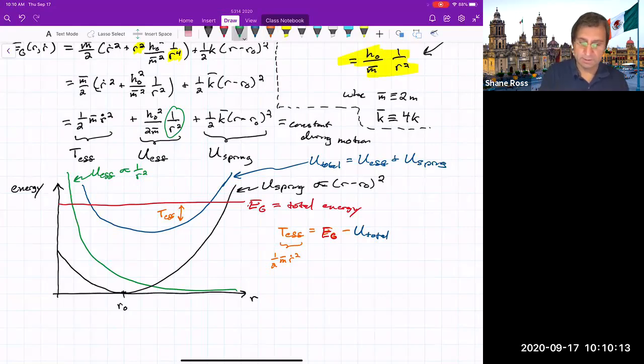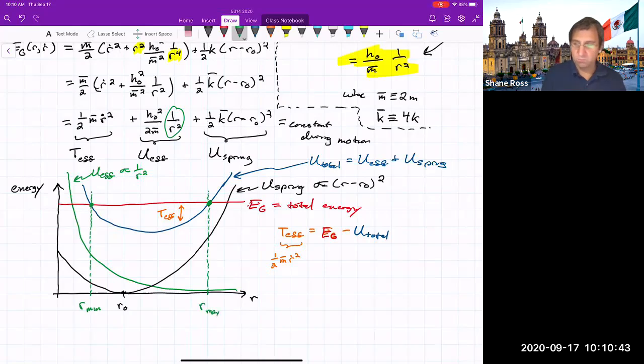And there are turning points, which I think I plotted in green. That's where the effective kinetic energy goes to 0, where the blue curve and the red curve meet. And that just gives us our limits of the motion, r min and r max.